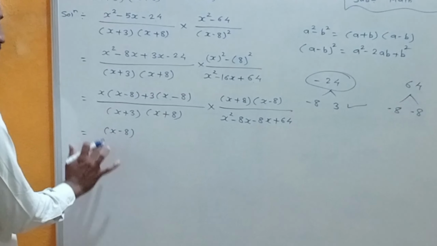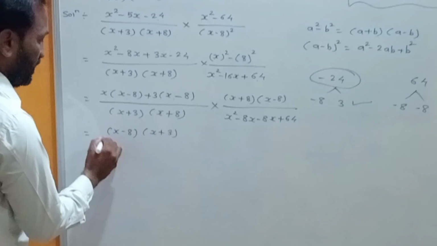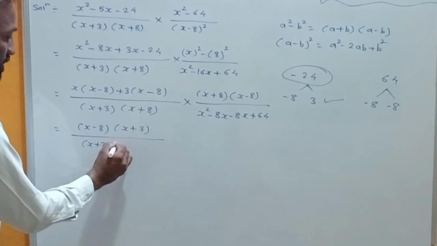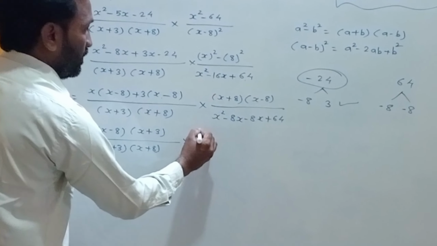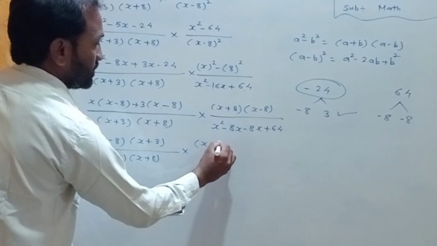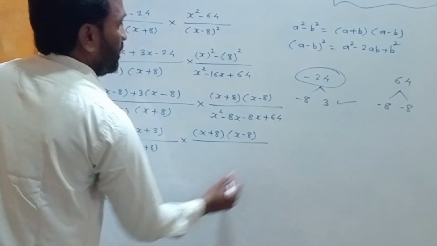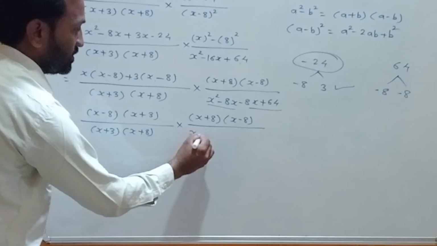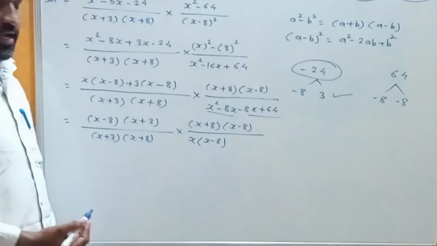(x − 8) singly and another is (x + 3) divided by (x + 3)(x + 8) into (x + 8)(x − 8). Now the common: x is common in the bracket (x − 8).